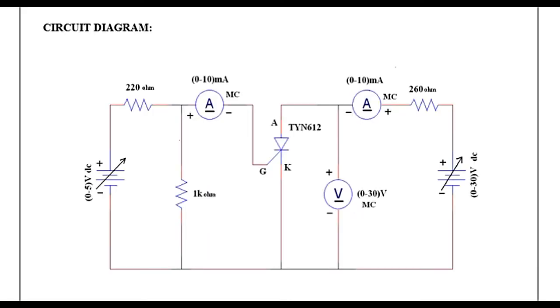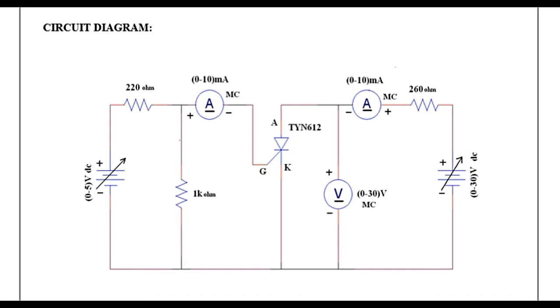This is the circuit diagram for this experiment. SCR has three terminals named as anode, cathode and gate. The gate current is supplied through a gate cathode variable DC power supply. Anode current is supplied through anode cathode variable DC power supply.